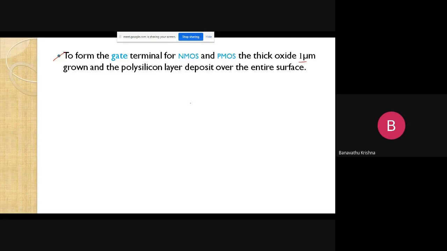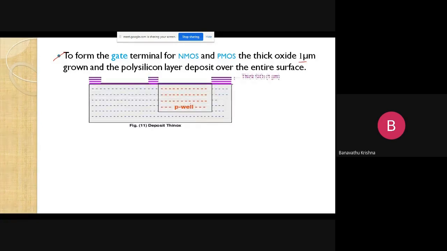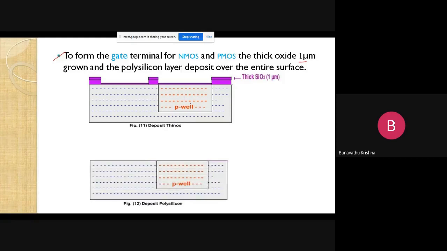The entire surface is covered with the polysilicon layer over the 1 micrometer thick oxide grown on the surface. Okay. So this is the polysilicon layer here: polysilicon layer, thick oxide layer, and then polysilicon layer.